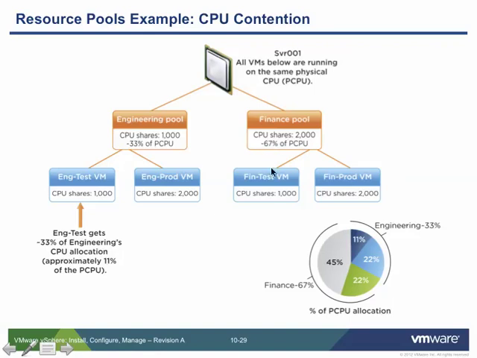So 67% here, 1/3 of 67% is 22%, right? If you have this 2,000 over here, 2,000 out of 3,000 is 2/3. 2/3 of 67% is 44 or 45, whatever you want to break it down.